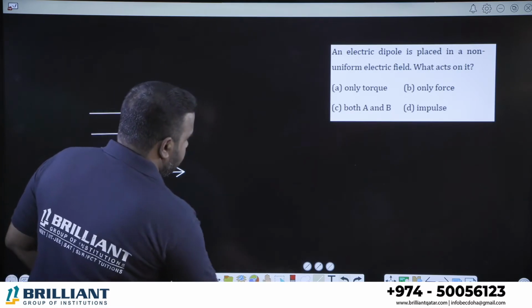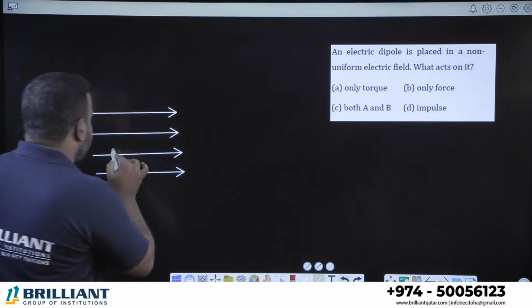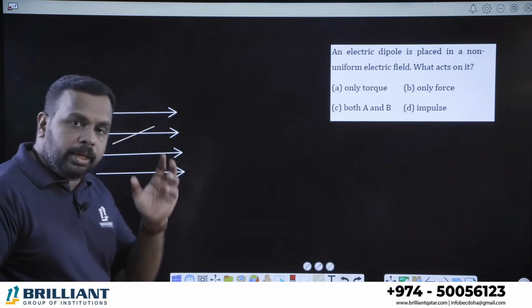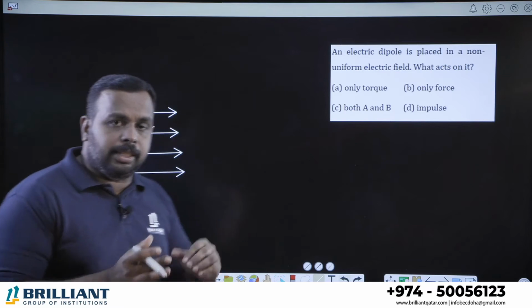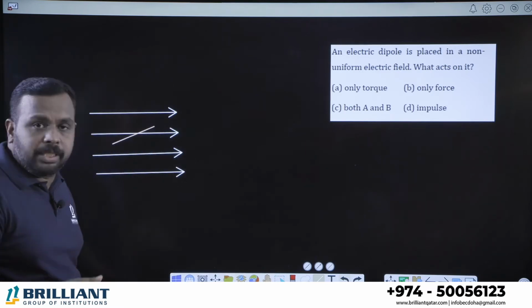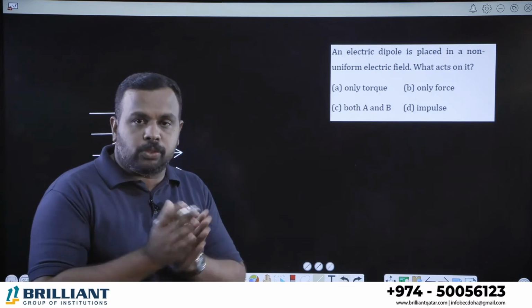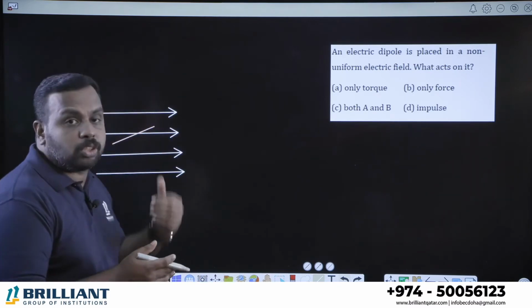This is a uniform electric field. In this uniform electric field, if you are keeping a dipole at any angle, we have already derived that, we got an idea. The net force acting on this dipole will be 0 because equal and opposite forces will be there. So net force will be 0, but there is torque.